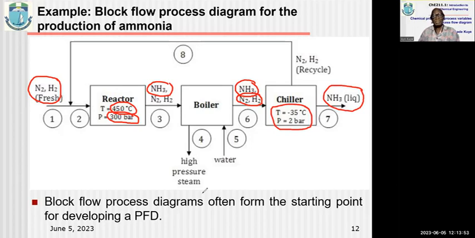It didn't give all those details, but at least you have an idea now of what should happen here. So the block flow diagram often forms the starting point for developing the process flow diagram, which is what we'll handle in a minute.